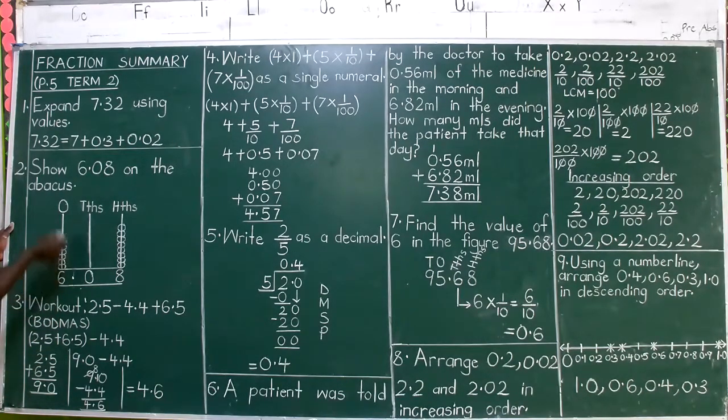So put the place values there. 6 is under ones, then after the point, tenths, then hundredths. Then write 6.08.